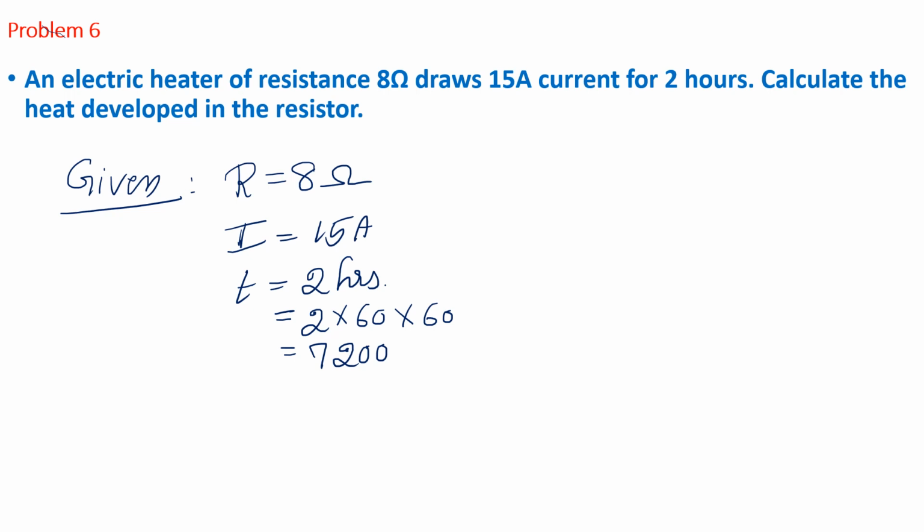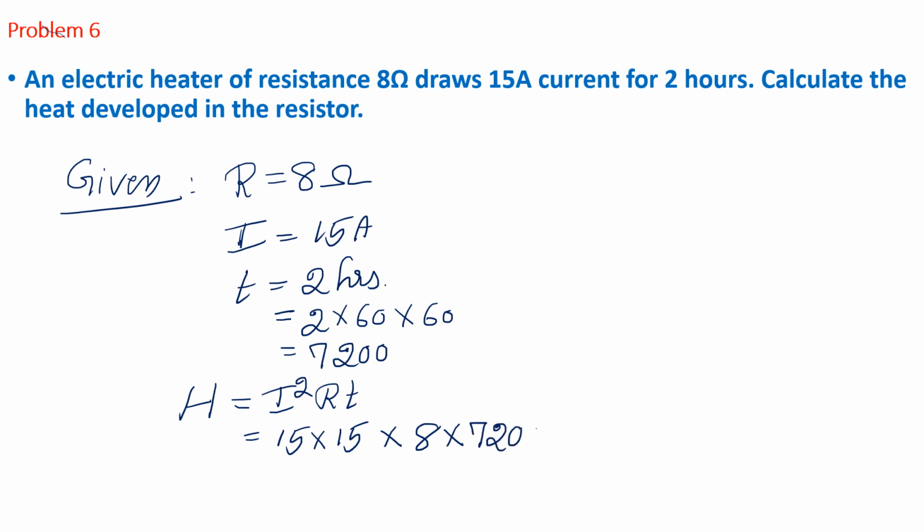The formula for the heat developed H, from Joule's law of heating, is I squared R T. I is 15, so 15 squared, into R equal to 8, into t equal to 7200.